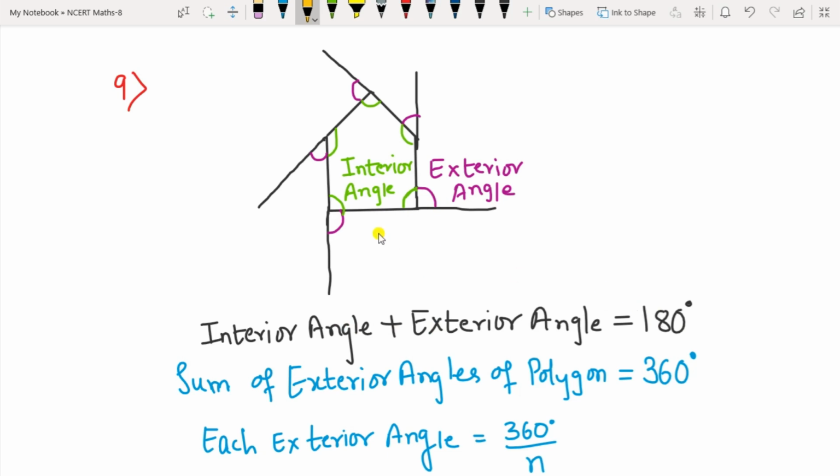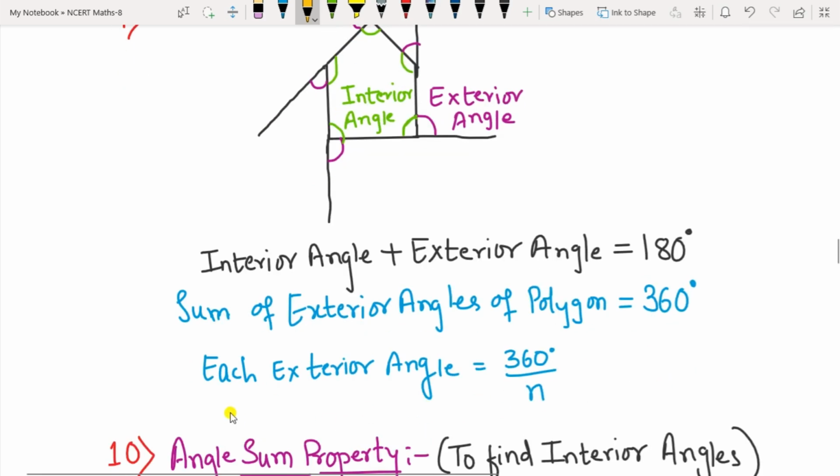Then what is the sum of the exterior angles? All the exterior angles together make a circle here. So the sum of all the exterior angles is equal to 360 degrees. Okay. And if you want to find each exterior angle, that means any one exterior angle, and you know the number of sides of that figure, then you can find it by the formula 360 by n. n is the number of sides here.